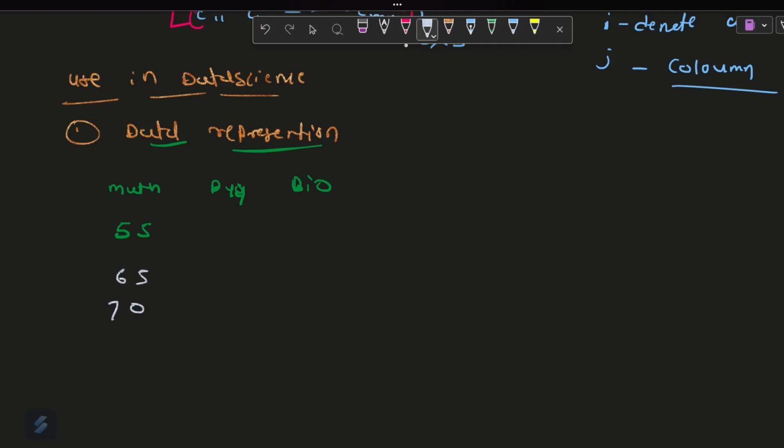Similarly, in physics we get 65, 60, and 45. In biology we get 75, 50, and 80. That is a data representation.